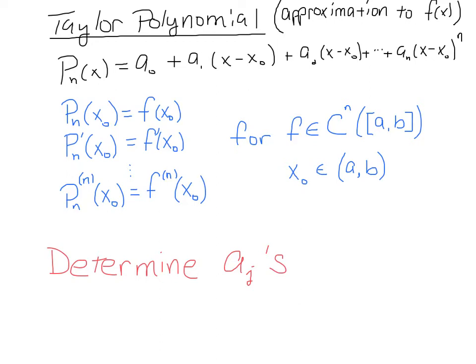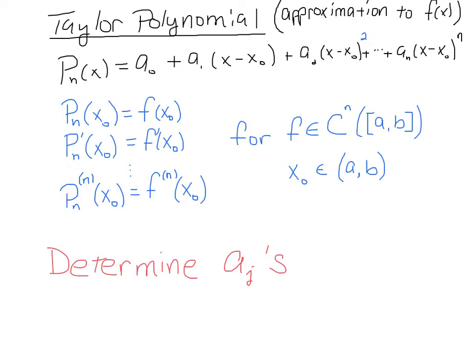If we want to determine a naught, a1, a2, all the way up to an, this will be an nth degree polynomial. But notice that there are actually n plus 1 terms here, because we're indexing at 0. So if n were 3, we'd have 1, 2, 3, 4 terms.